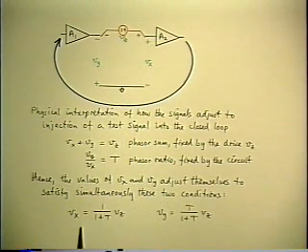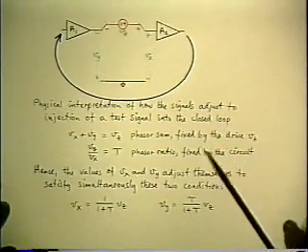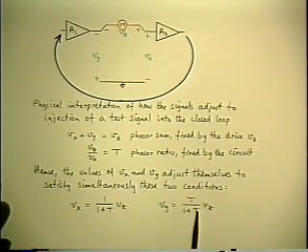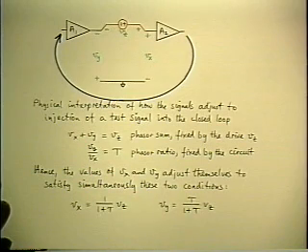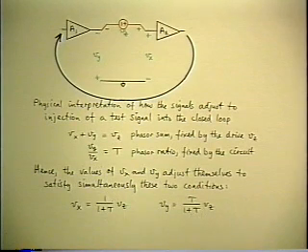And this is what you get. Vx is 1 over 1 plus T times Vz. Vy is T over 1 plus T times Vz. That obviously satisfies the two constraints. If you add the two together, you get Vz. If you take the ratio, you get T. And the ratio is what you measure, because T is what you want to find out.